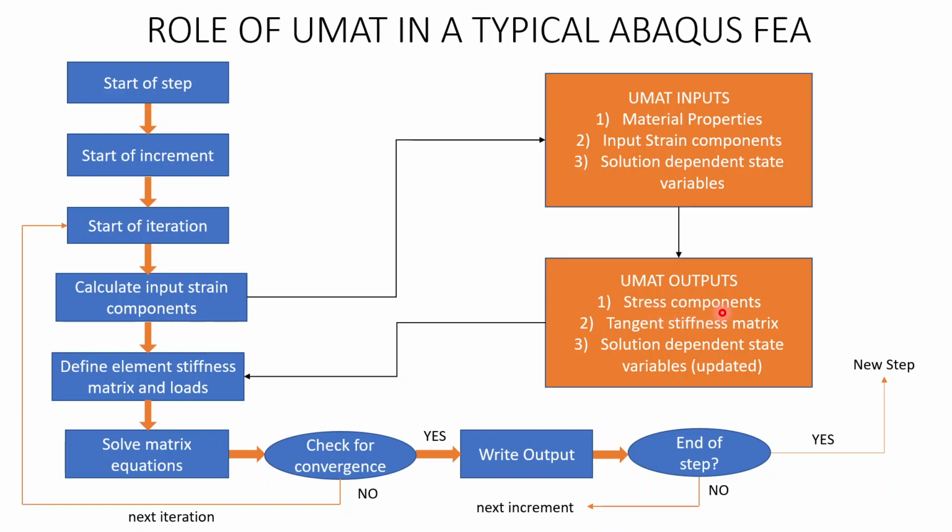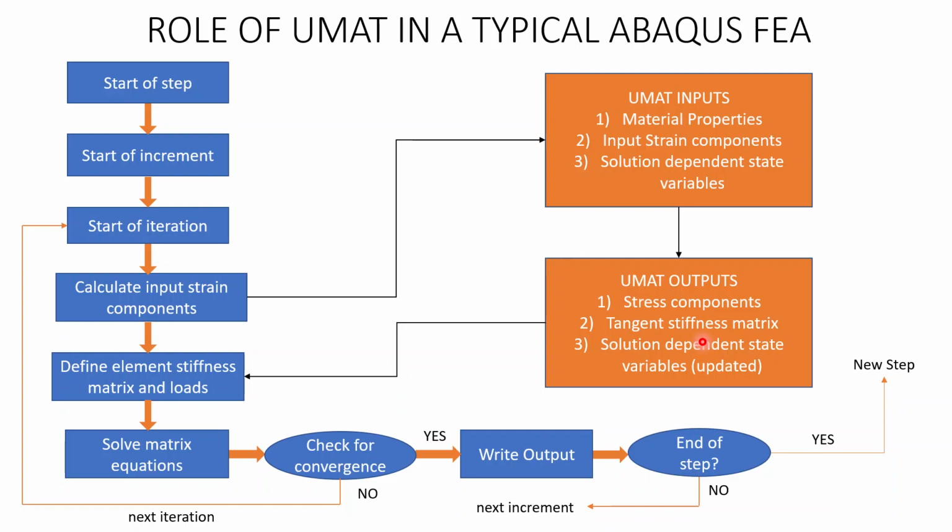Apart from stress components, there is one more output which UMAT is required to provide. This is called the tangent stiffness matrix. For people who are aware of finite element analysis and its working, while the element stiffness matrix is being updated, it consists of mainly two components.